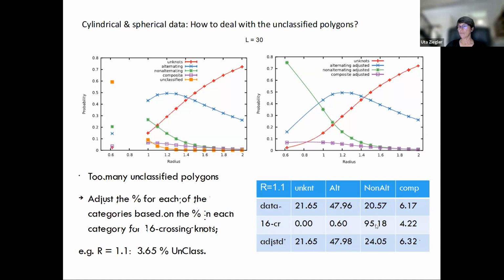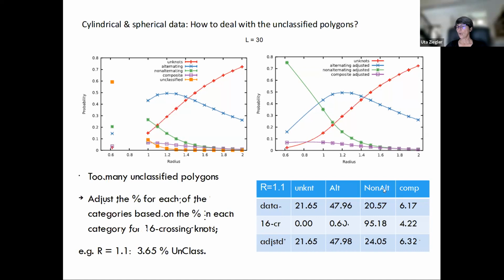For the non-alternating knots, we have a lot more, and so a lot more of that 3.65% is added to the non-alternating knots to get the adjustment. And so we did this for all the information, and then we basically used a spline to show the curve. That's the picture I bring up again later, wanted you to have an idea how we got this.